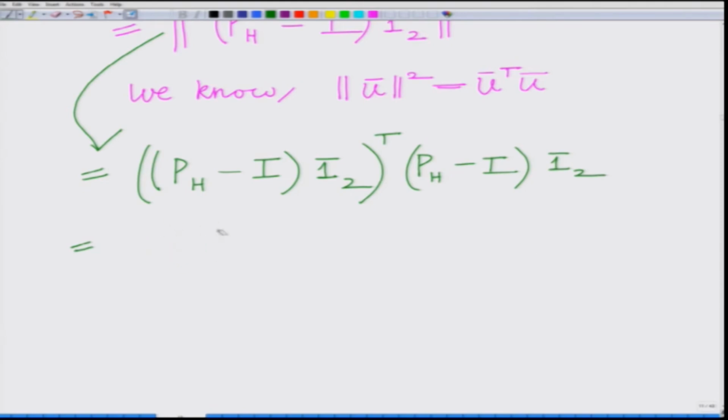Now, we can use another property: if I have two matrices A and B, the transpose of the product AB transpose is B transpose A transpose.